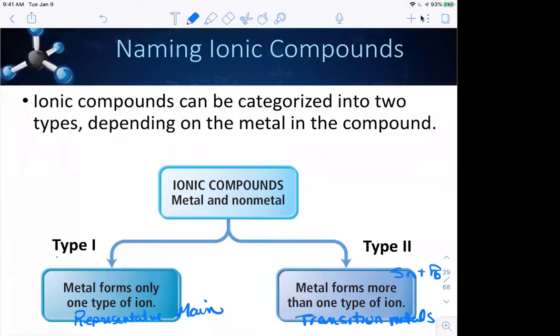So type 1, representative main elements that can only form one type of ion. Type 2 is a metal that forms more than one type of ion, and that would typically be my transition metals or some representative elements like tin and lead.